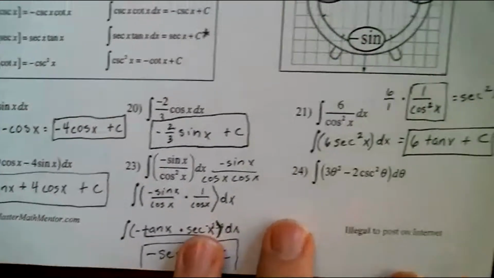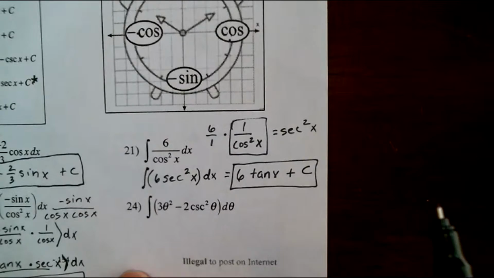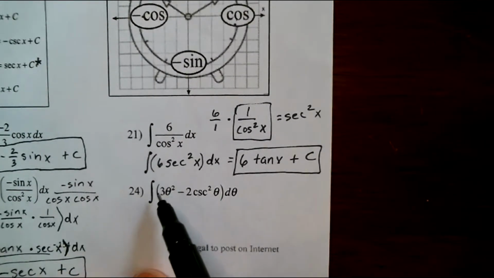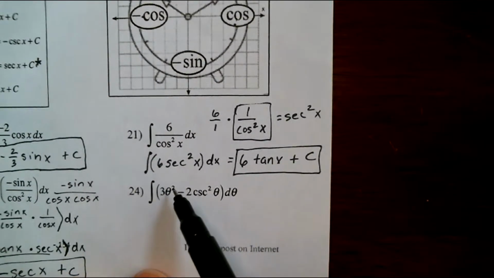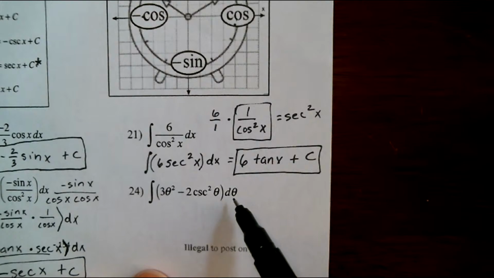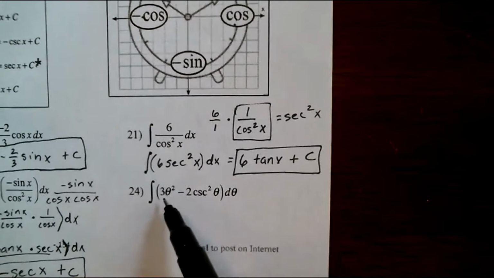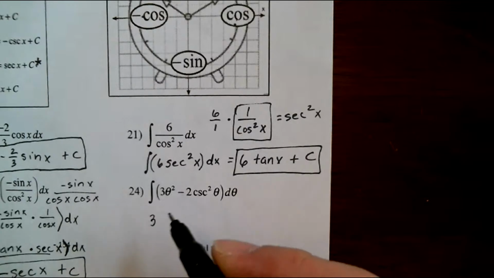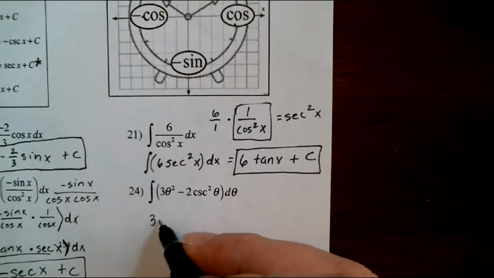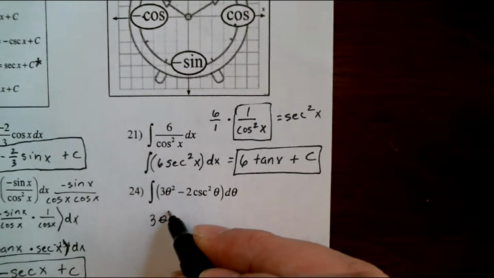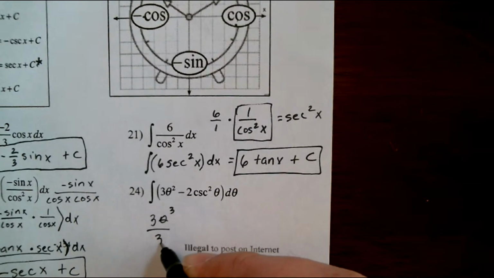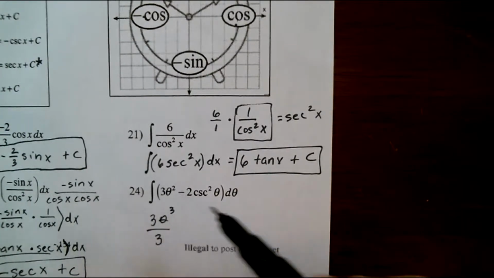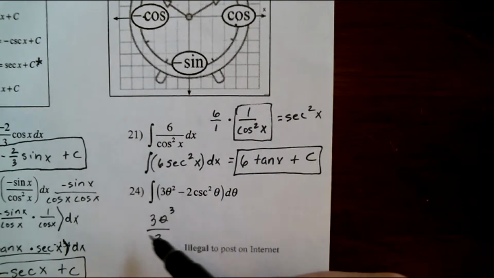All right, going over here to number 24. So number 24, we have 3 theta squared. So we're solving it in terms of theta here. So if we're going to integrate that, that's 3, and then I would say theta, and then raise that exponent by 1 and put that exponent over that. So that's just that simple power rule, or the inverse of power rule.